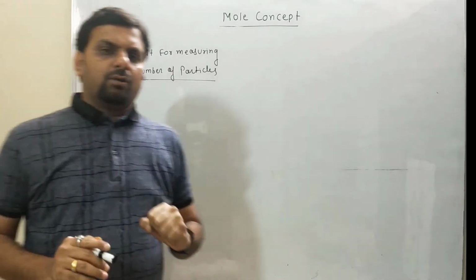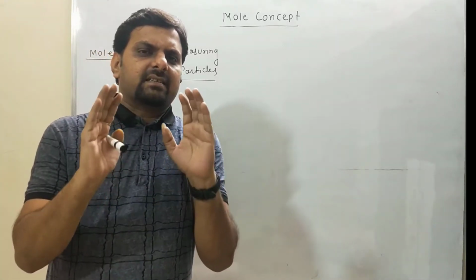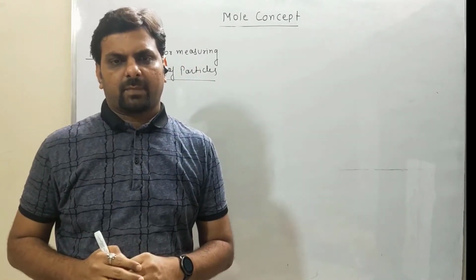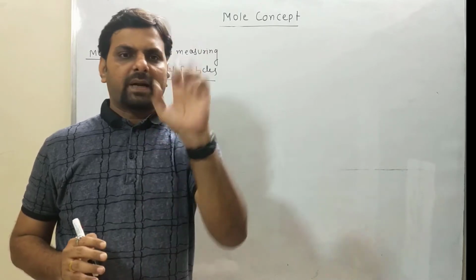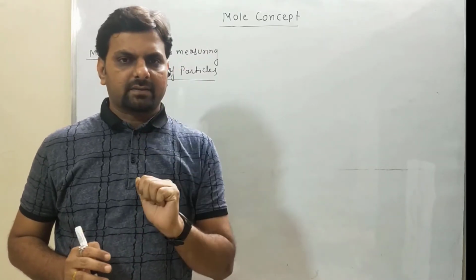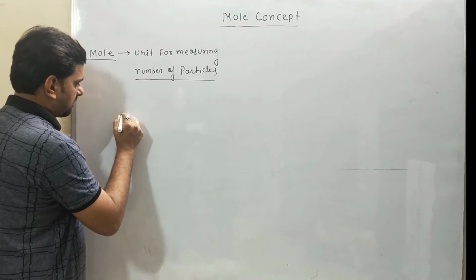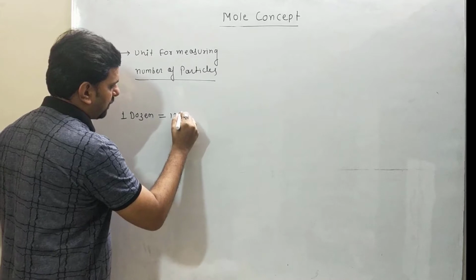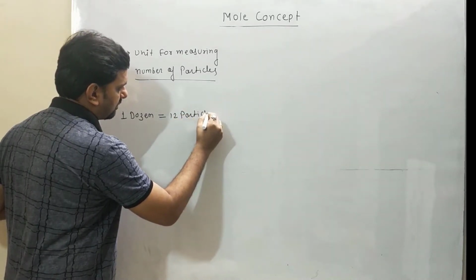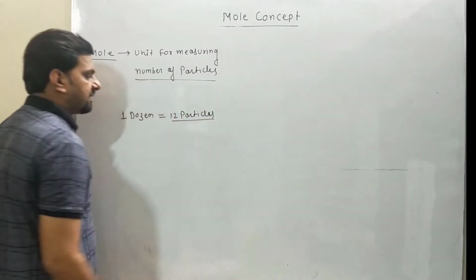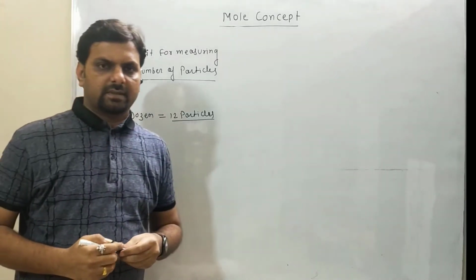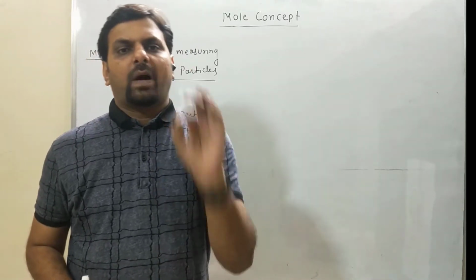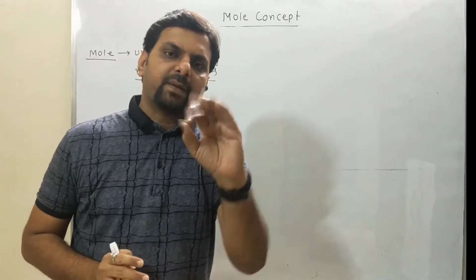Tell me, what is dozen, or what do you understand by 1 dozen? 1 dozen means 12 particles, or you can say 12 units. Suppose I tell you to bring 1 dozen apples, how many apples will you bring?